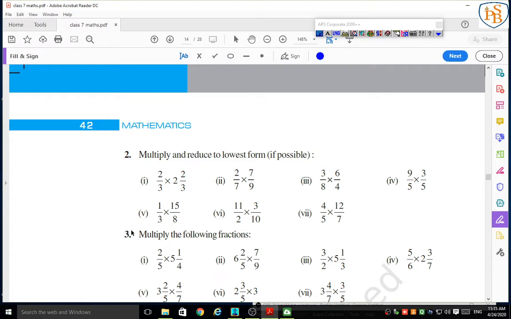Look at here, we are going to solve the first question, because it is a product of a proper fraction and a mixed fraction. My question is 2 upon 3 into 2 of 2 upon 3.